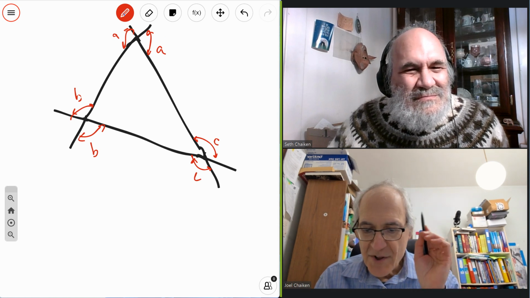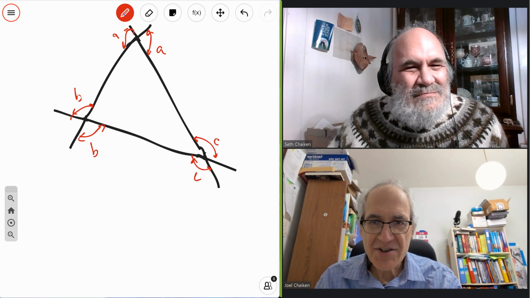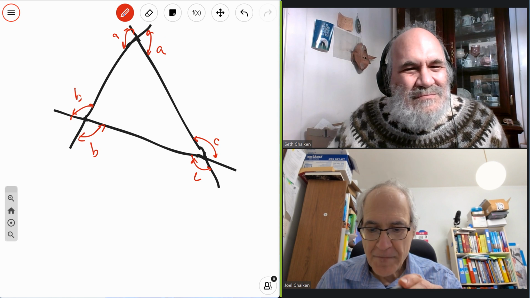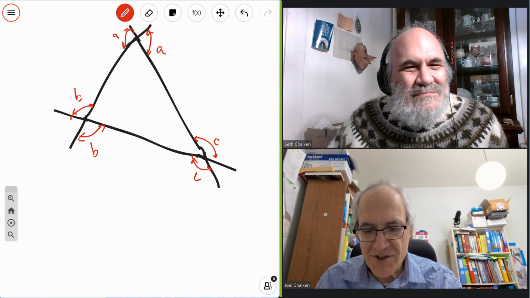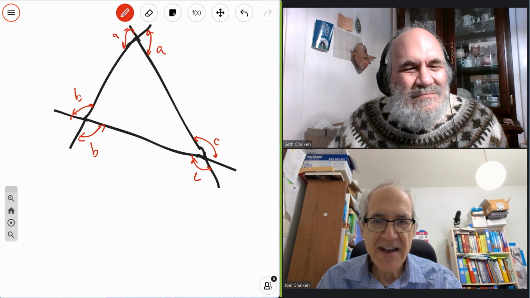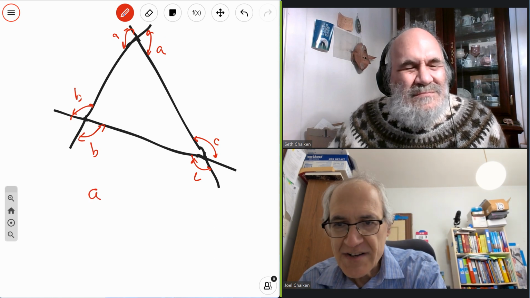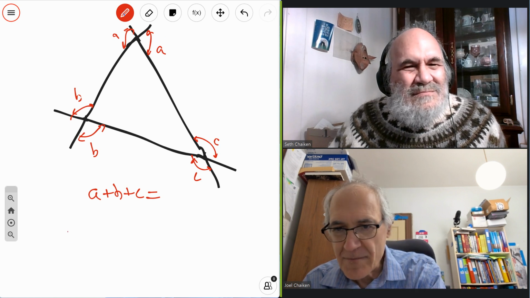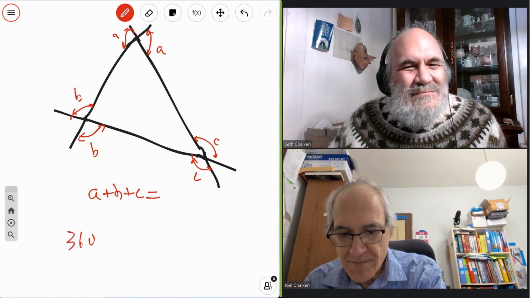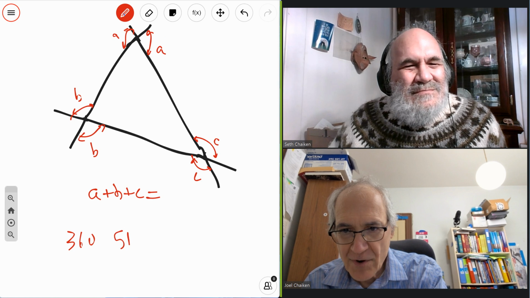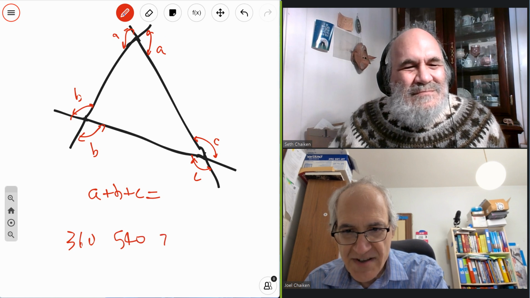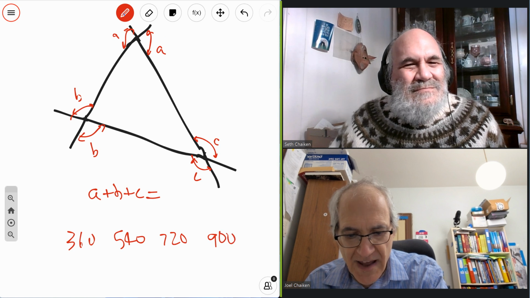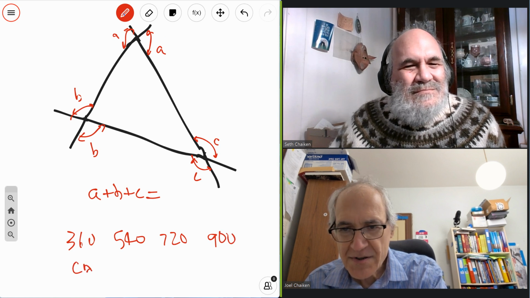Okay, now, 3 lines intersect as shown in the figure here. What is the sum of the degree measures of the marked angles? In other words, what is A plus B plus C? Now, the choices are 360, 540, 720, 900, and cannot be determined.